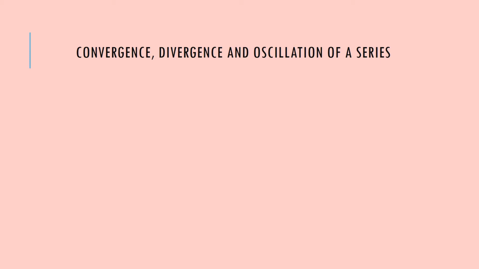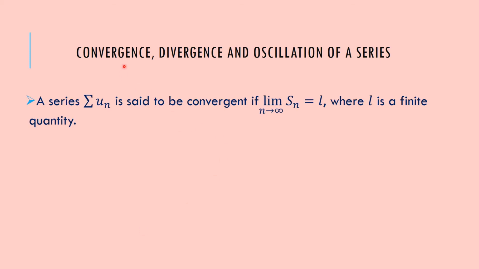Now, let me define the concept of convergence, divergence, and oscillation of a series. A series sigma un is said to be convergent if limit n tends to infinity, Sn is equal to L. What is this Sn?